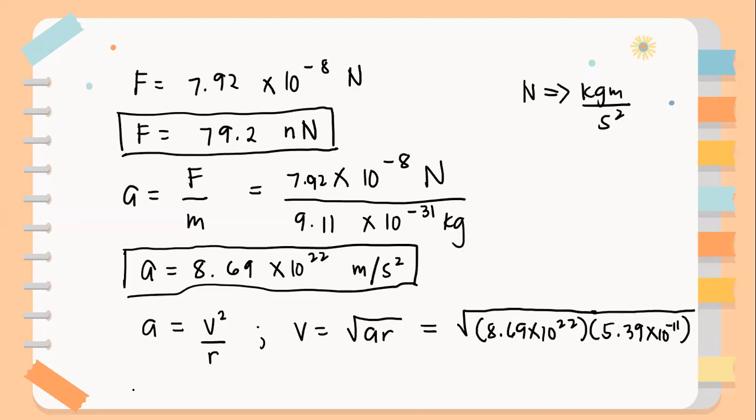Okay, therefore, v now is equal to 2.16 times 10 to the 6 meter per second.